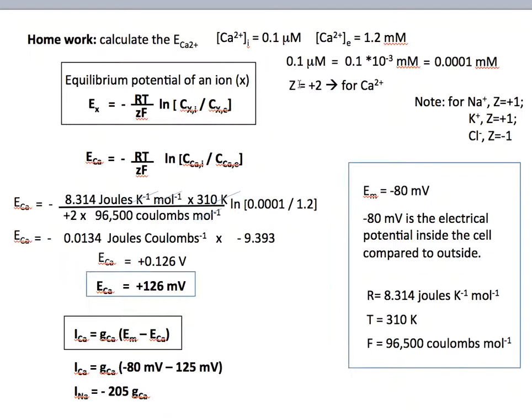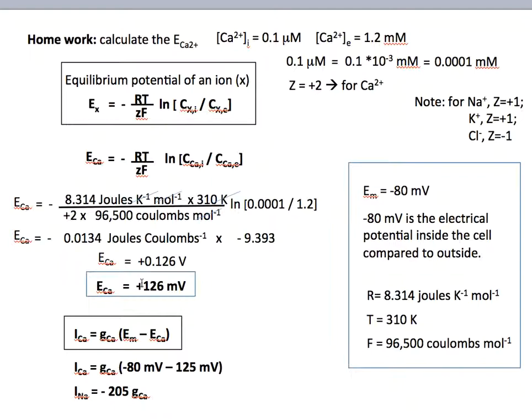Okay, negative RT over ZF, ln of CI over CE. So you're going to be given these values, or the professor might give you negative RT over F as this value. Do the math, and then you will get plus 126.